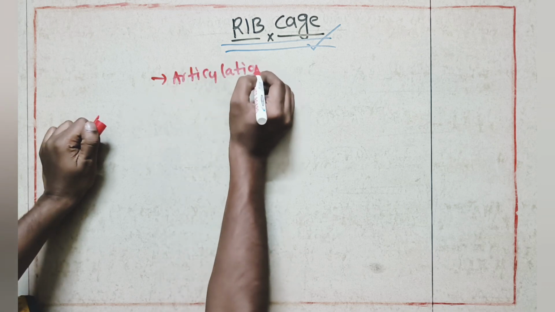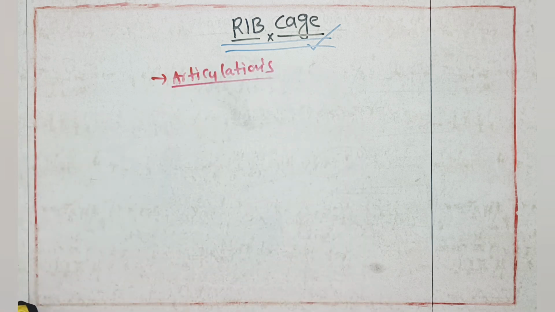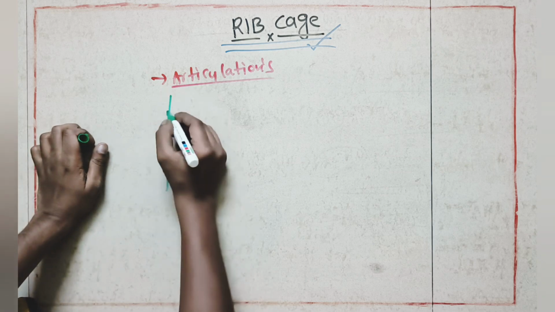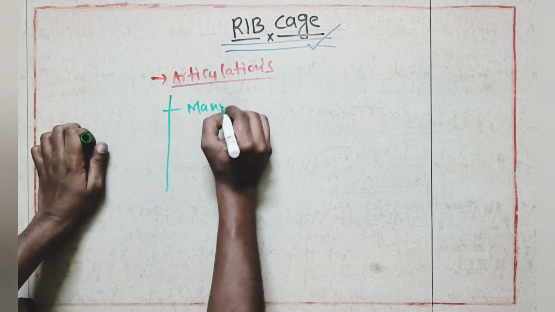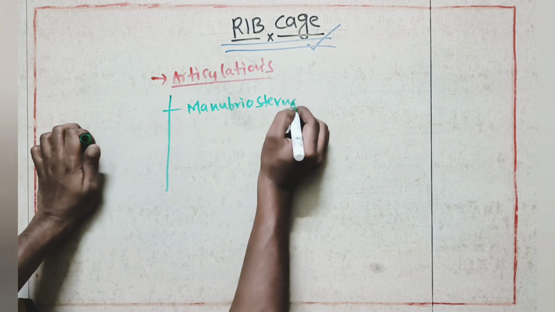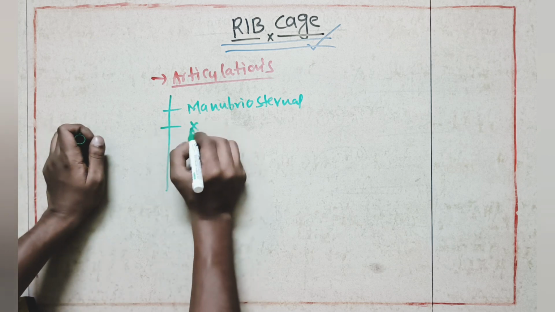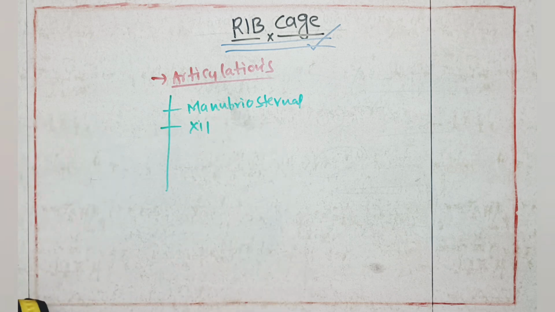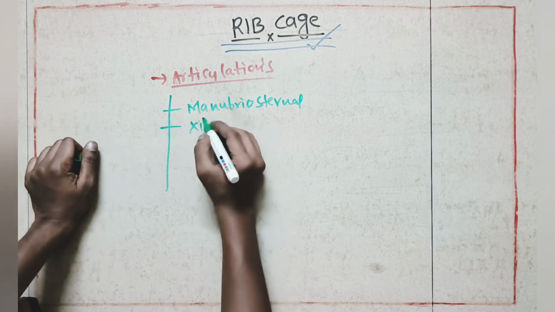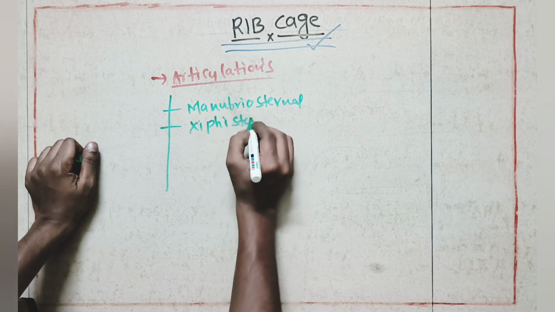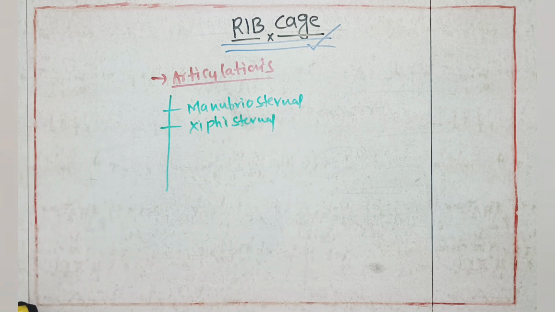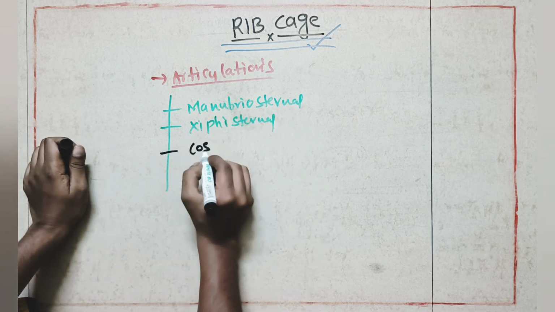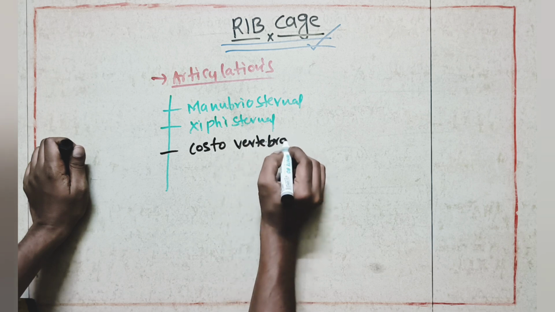Articulations are nothing but the joints. Which joints can we see in the rib cage? If we come to articulations, first one is the manubriosternal articulation. This is one articulation. And second one, xiphisternal articulation. These two articulations. And next one, costovertebral articulation.